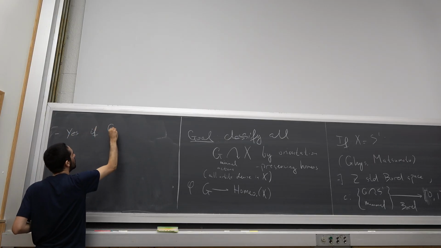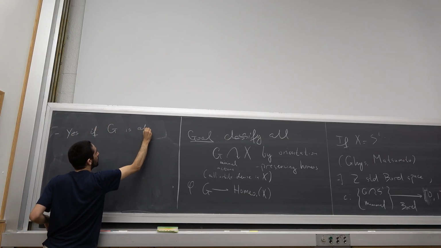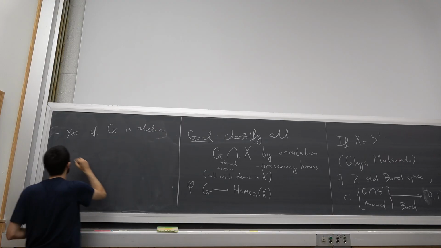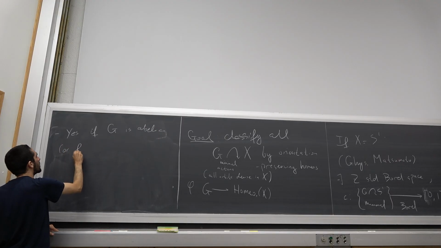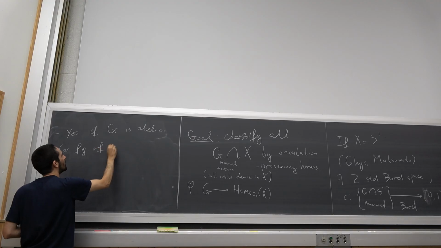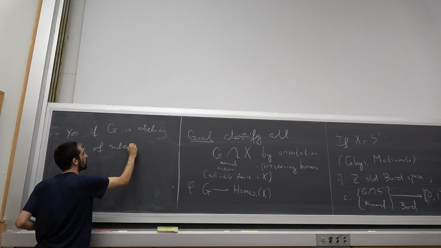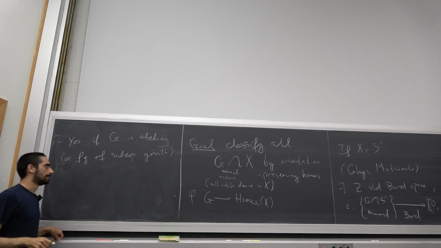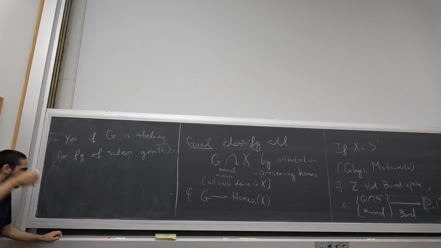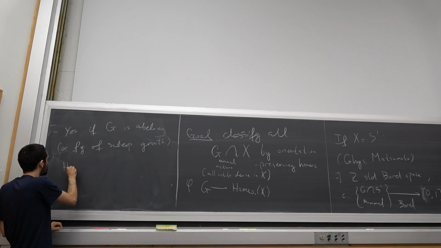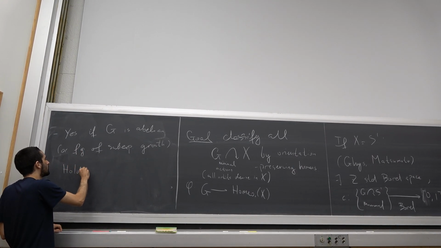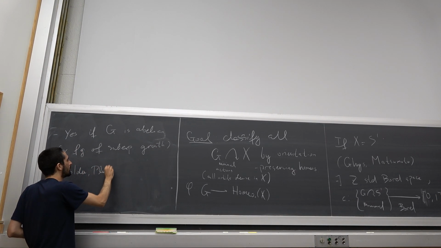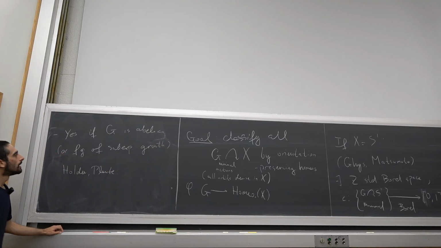If G is abelian, or for instance, finitely generated of sub-exponential growth. The reason for this is that there's a result for these two things, by Hölder and Plante, Joseph Plante, that says that all of these actions, minimal actions of G, are by translations.